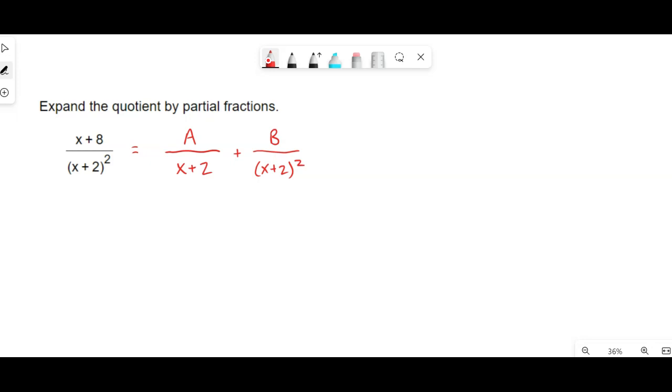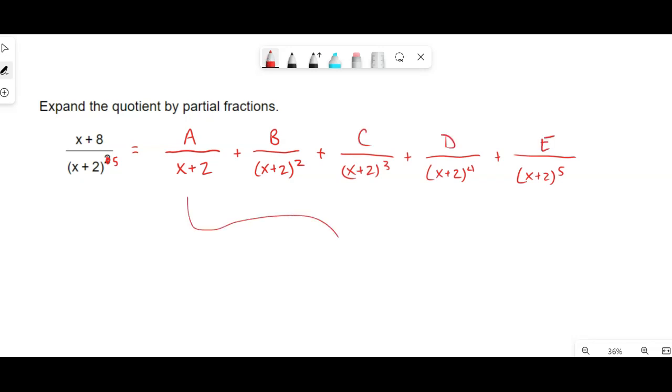Okay, so there's the form of the decomposition. It's not the decomposition yet until we know what A and B are, but this is the form, and this would always happen. If this had been a 5, then I would have an x plus 2 and x plus 2 squared all the way out to an x plus 2 to the 5th. Because again, what's the common denominator of all these fractions? It's the biggest power on x plus 2. They can all be made to have that denominator.